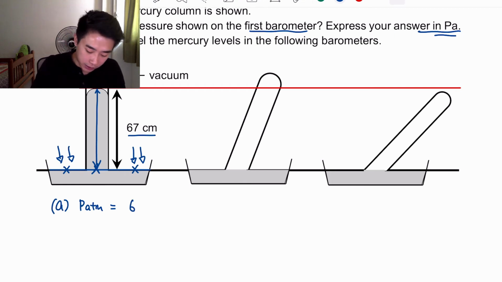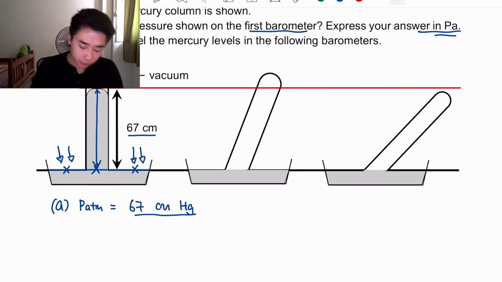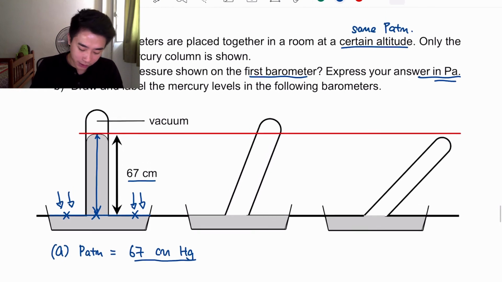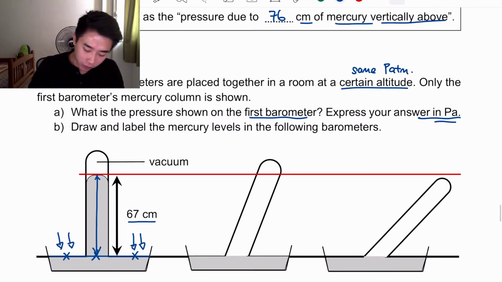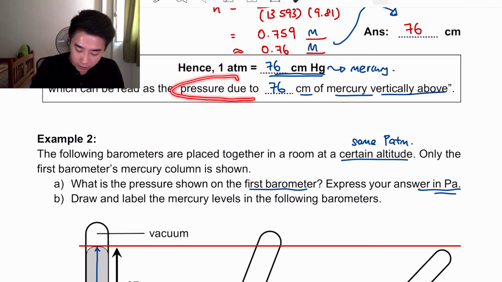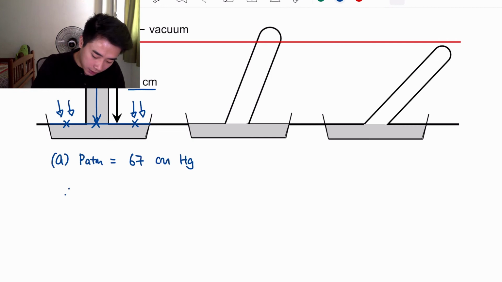And that is actually 67 cm of mercury vertically above. So I can write it as 67 cm Hg. Now, how do we convert 67 cm Hg into pascals? You must really understand what 67 cm Hg means. It is read as pressure due to 67 cm of mercury vertically above.